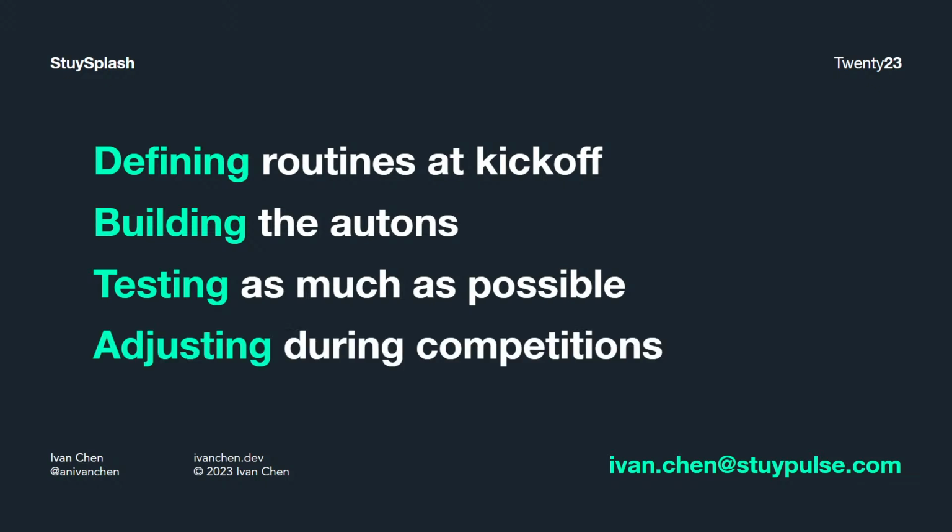It never actually works at competitions because autons are bad. But yeah, that's about it. I thought this presentation would be way longer, I'm not gonna lie. Do we have any questions?